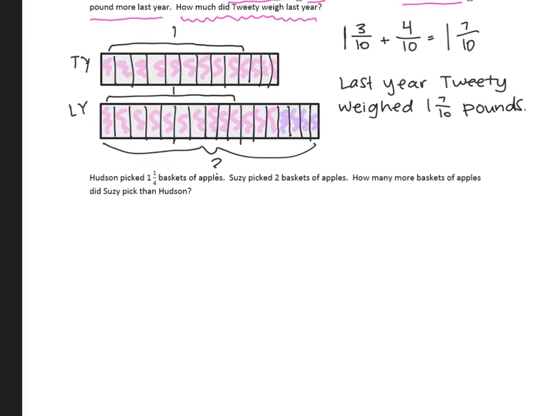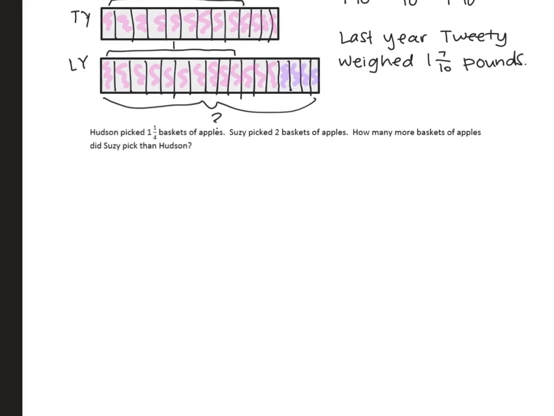All right, so going on down to the bottom, let's look at this problem. It says, Hudson picked 1 1/4 baskets of apples. Susie picked 2 baskets of apples. How many more baskets of apples did Susie pick than Hudson? All right, so I'm going to go to those tape diagrams.